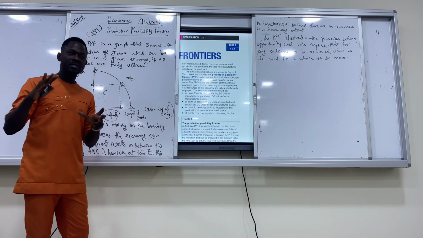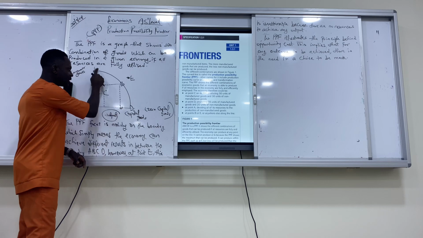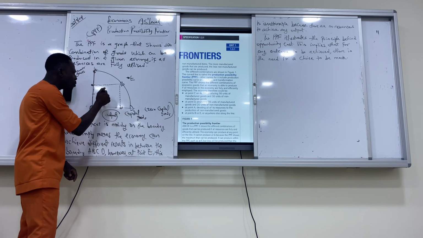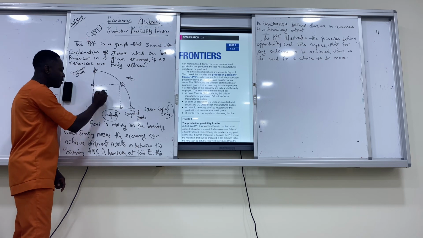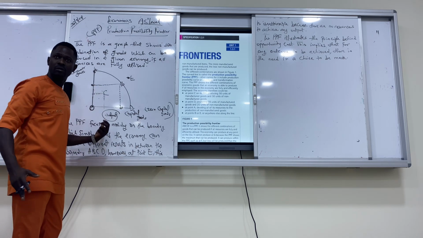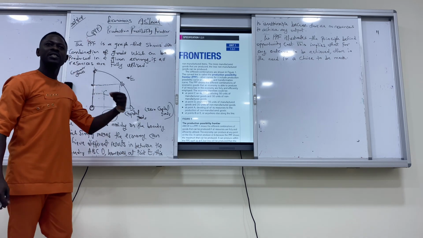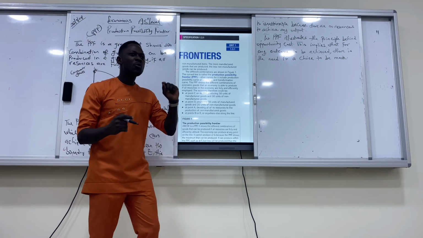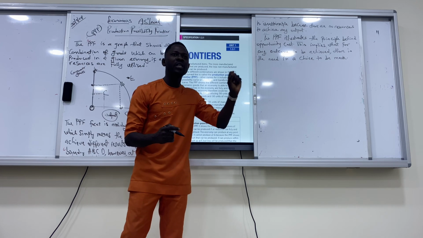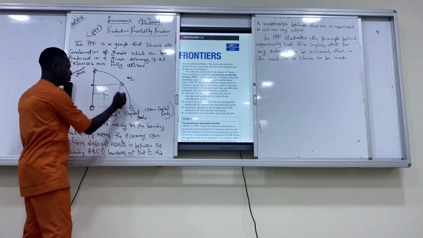Point C simply means the resources, this is our resources. This is where we can reach. But why are we here? It means we are producing few consumer goods and few capital goods. Yes or no? Yes. So what does this simply mean? It means we have unemployed resources. It means we are unable to reach our full potential. This is our potential.